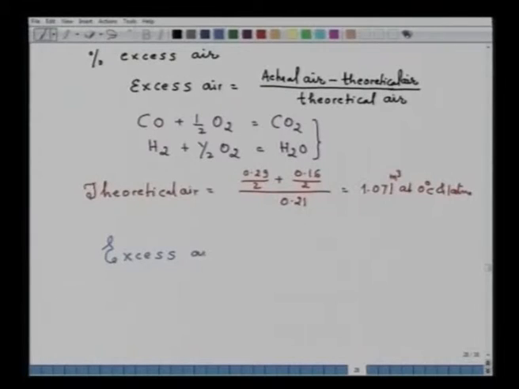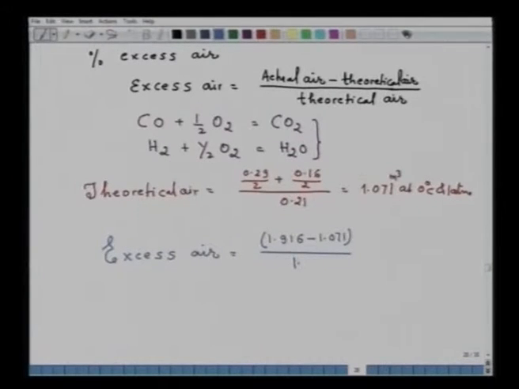Now, we can calculate excess air. The excess air would be 1.916, which is the actual amount of air, minus 1.071, the theoretical amount of air.